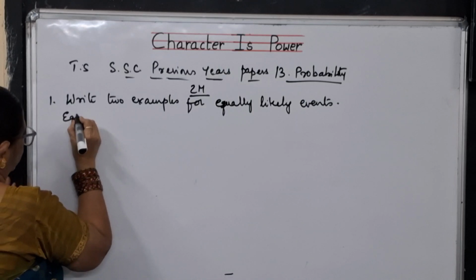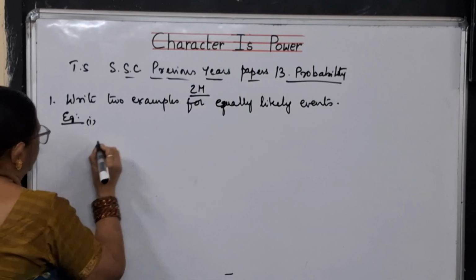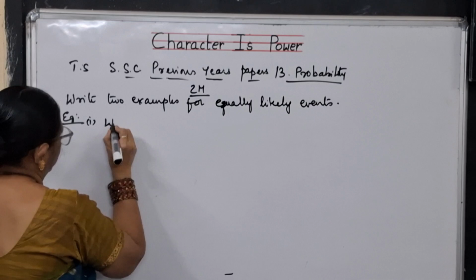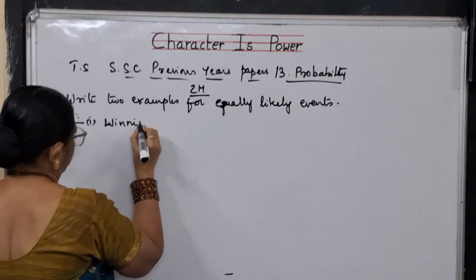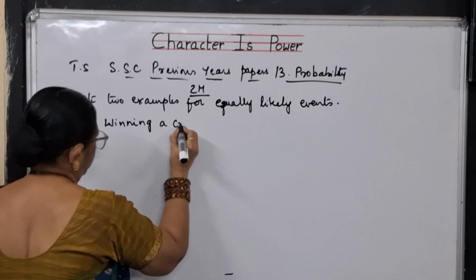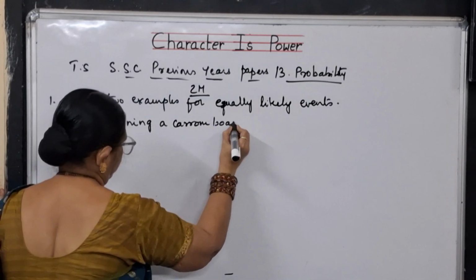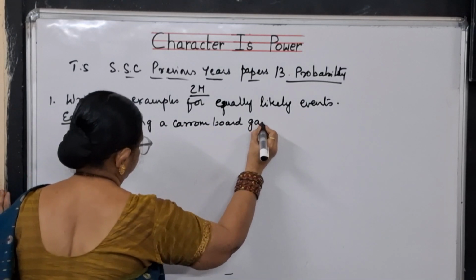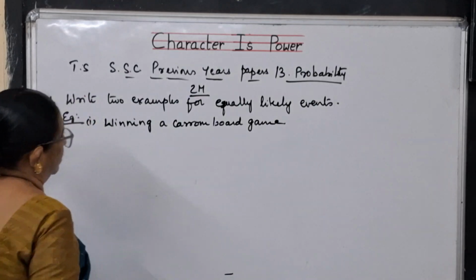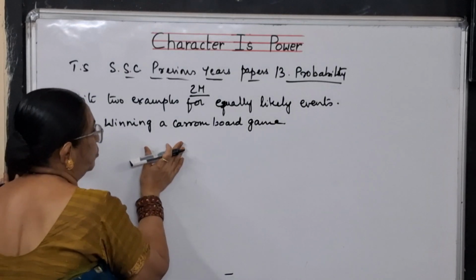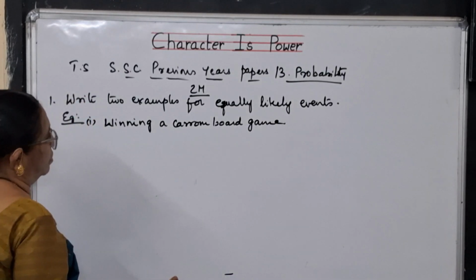So let us write examples. First example, winning a carom board game. Why is it equally likely? Because you may win it or you may lose it.